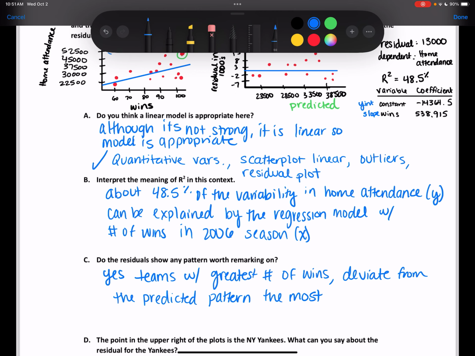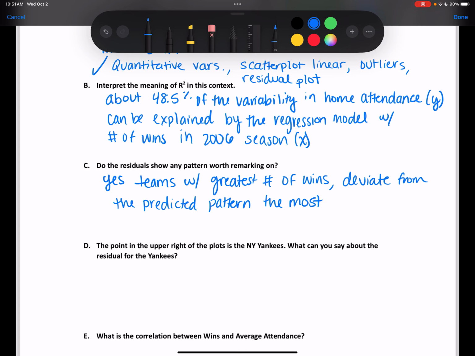The point in the upper right of the plots is the New York Yankees. What can you say about the residual for the Yankees? This one's going to require us to infer a little bit because the graph's not perfect, obviously. But residual is actual minus predicted.